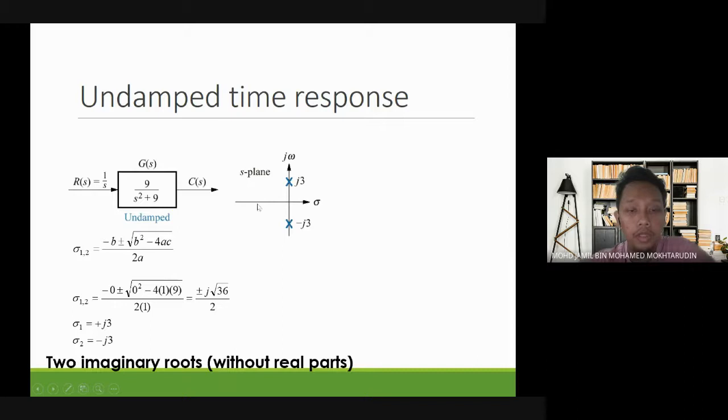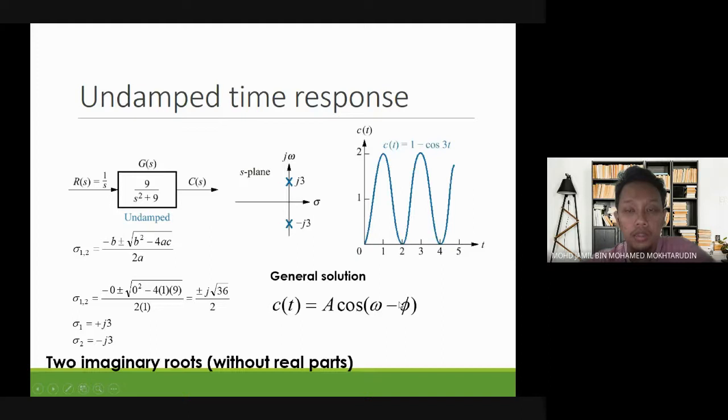If you plot in the s-plane, the real part is 0, at the origin. And the general solution is this. If you look at the time response, the system will keep oscillating without showing any sign of stopping or reaching a steady state value.